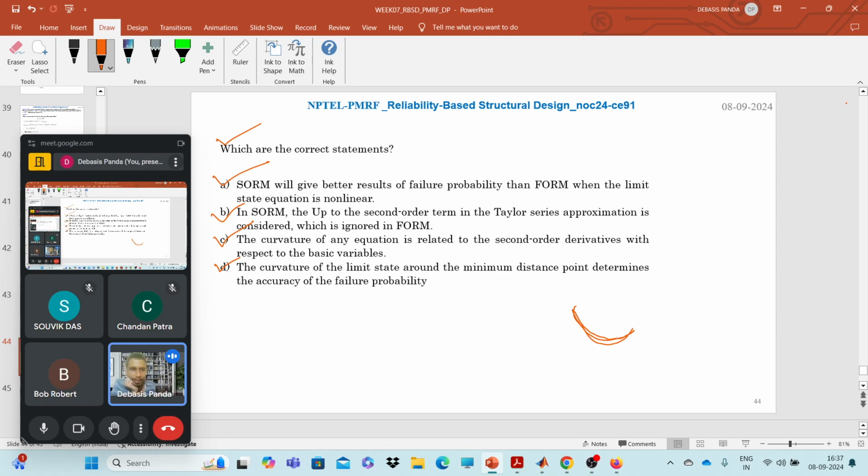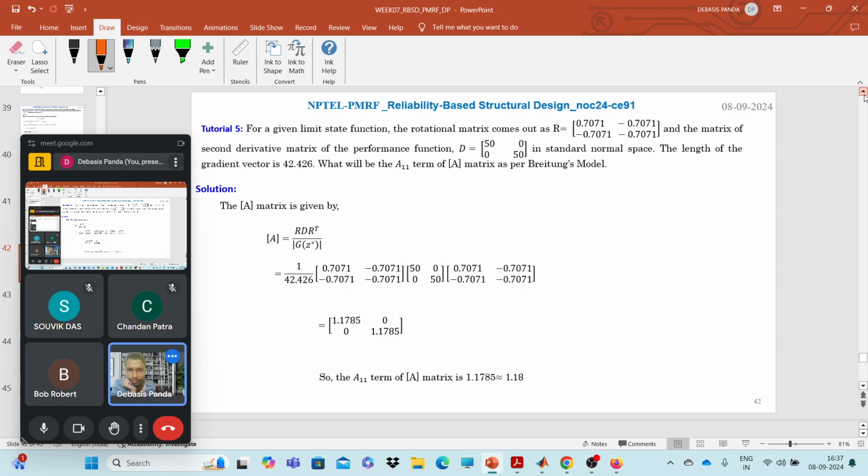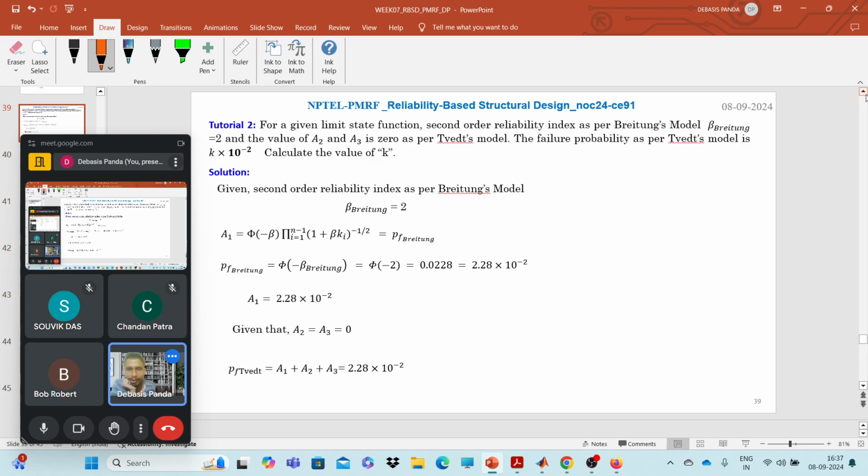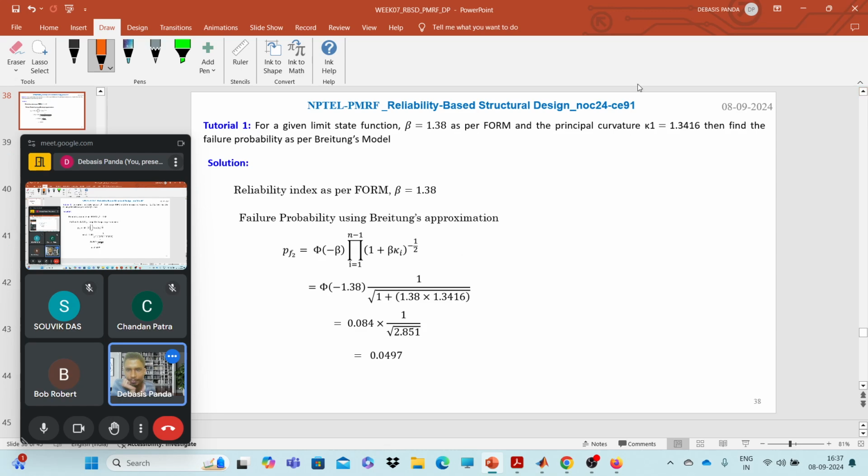Now let's move to our questions. Here, for a given limit state function, beta is given, obtained from the first order reliability analysis, and the principal curvature kappa 1 is also given. Then find the failure probability as per the Breitung model. Very simple question. What is the failure probability using the Breitung model?